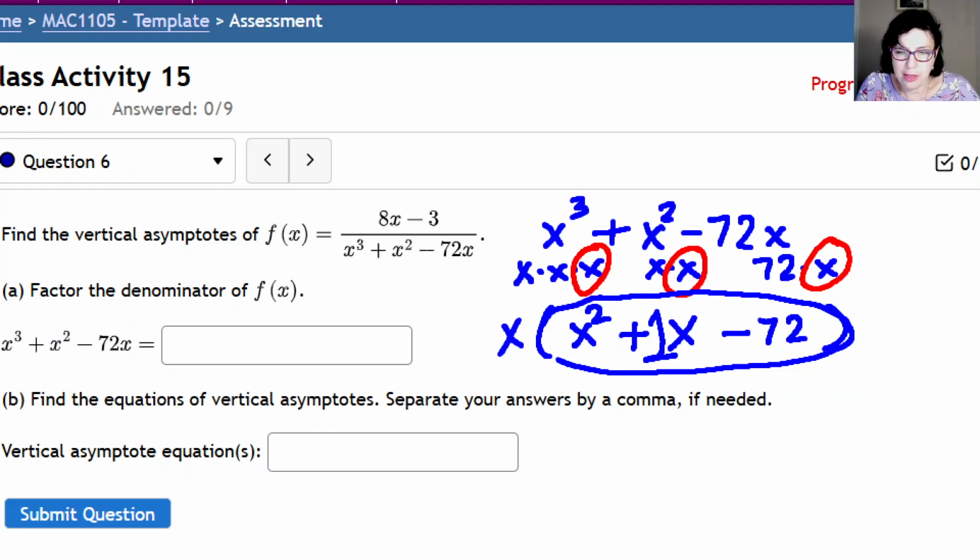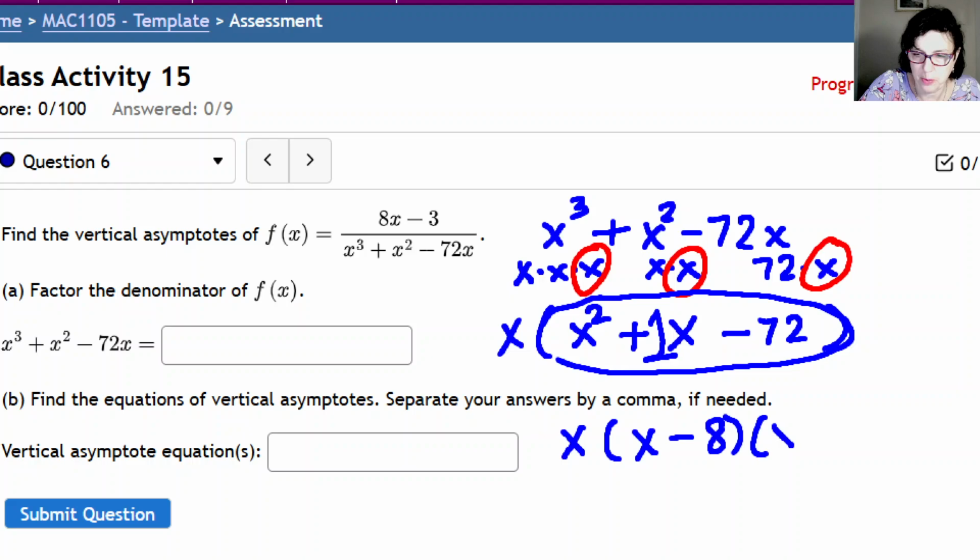Because 8 times 9 is 72, but one of them should be negative because the product is negative and the sum is positive. So I think it's going to be negative 8 and positive 9, right? Let's see. If we put negative 8 and positive 9, that should work, because then when we FOIL, we're going to get this, because we'll have 9x minus 8x, which is 1x.